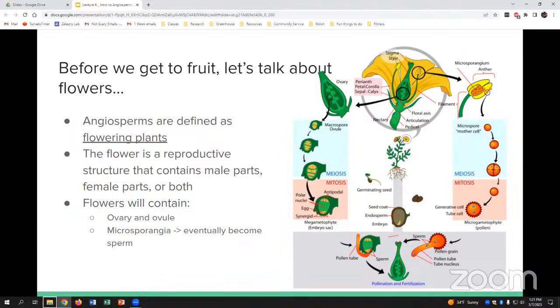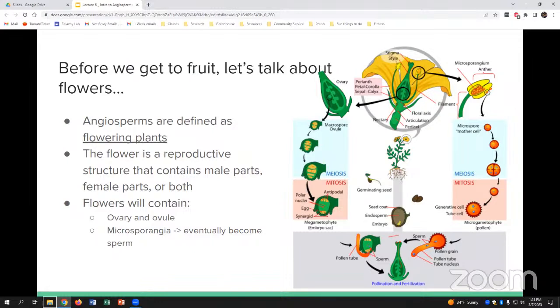Angiosperms are defined as our flowering plants, which means that our flower is really going to be the reproductive structure. Our flower is going to be able to contain male parts or female parts or both. This is kind of like that separation between monoecious and dioecious that we started looking at with the gymnosperms at the level of a tree.